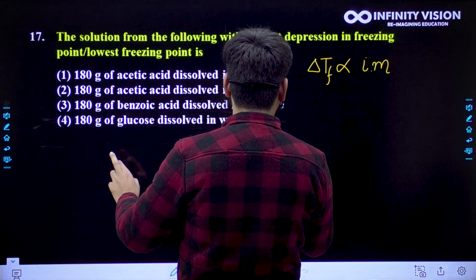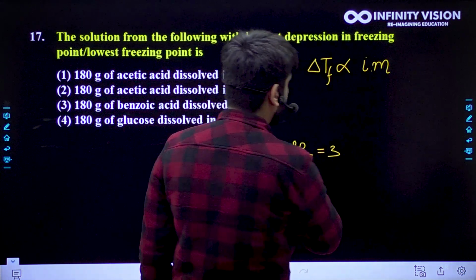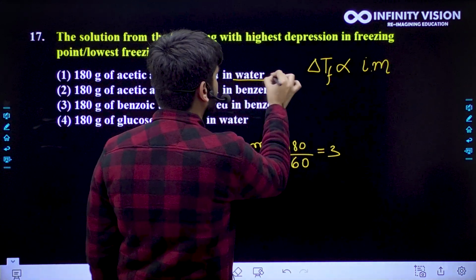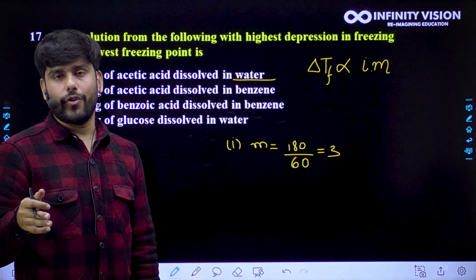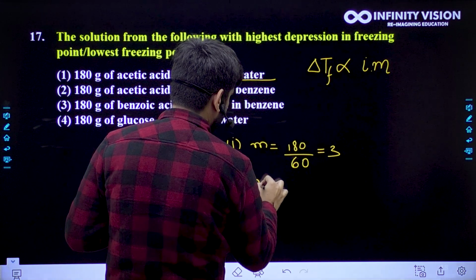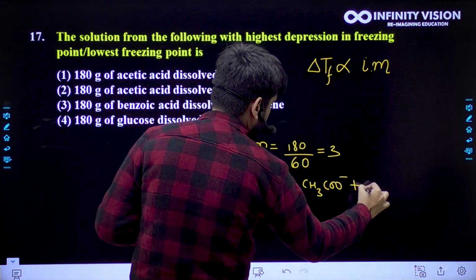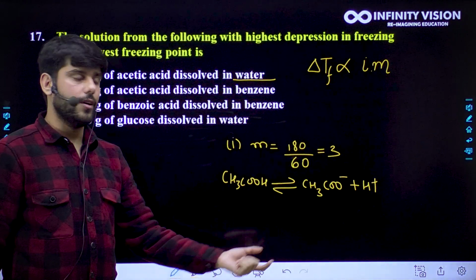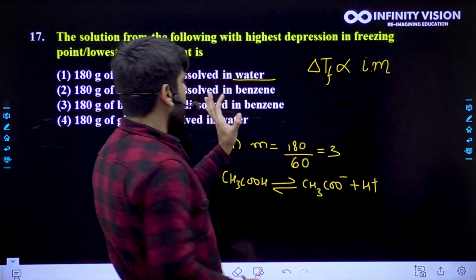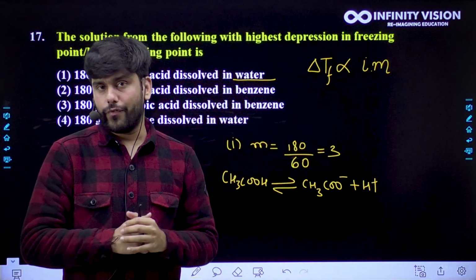Molality will be given mass upon molar mass, that is 60 for acetic acid. So it gives 3. And what about i? Now acetic acid in water, we know that it dissociates in water. So i will definitely be greater than 1 in the case of acetic acid.